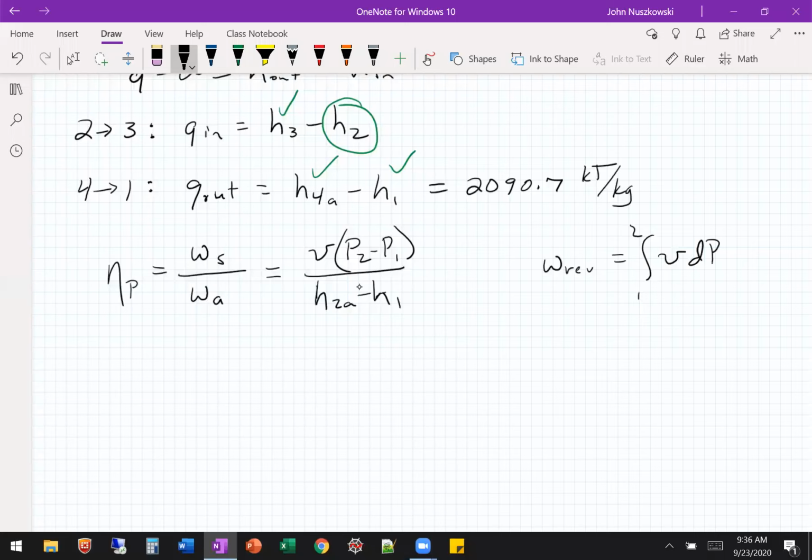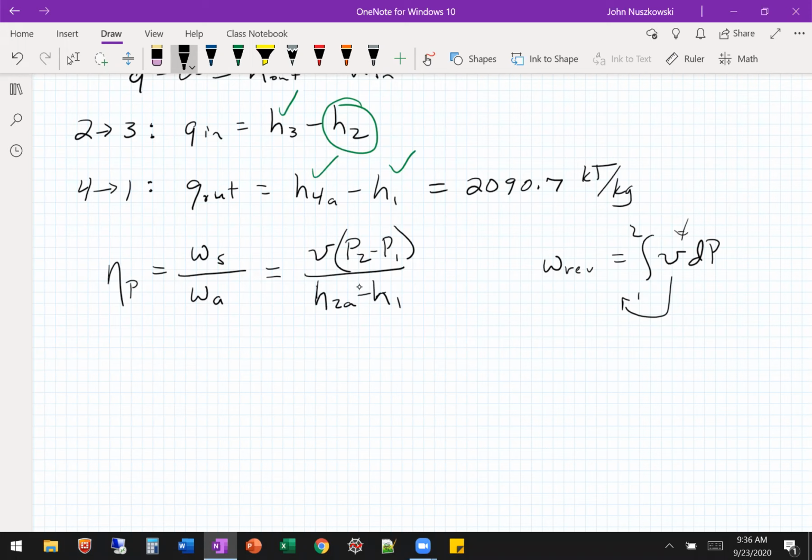Since for the pump we can take the specific volume out of the integral, we just get v times the change in pressure. For the turbine, we can't use this because the specific volume changes so much as you expand. But for the pump, we can say it's incompressible and use this equation for the isentropic work. It makes things a little easier; we don't have to worry about getting values for compressed liquid.